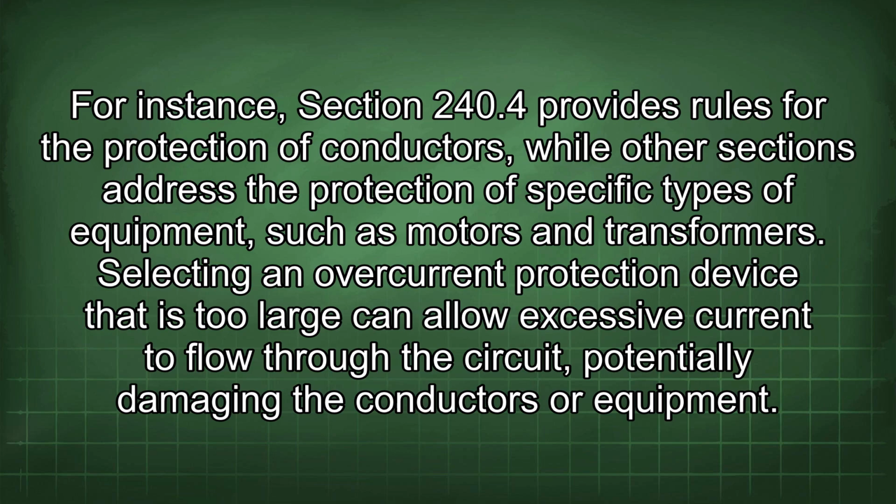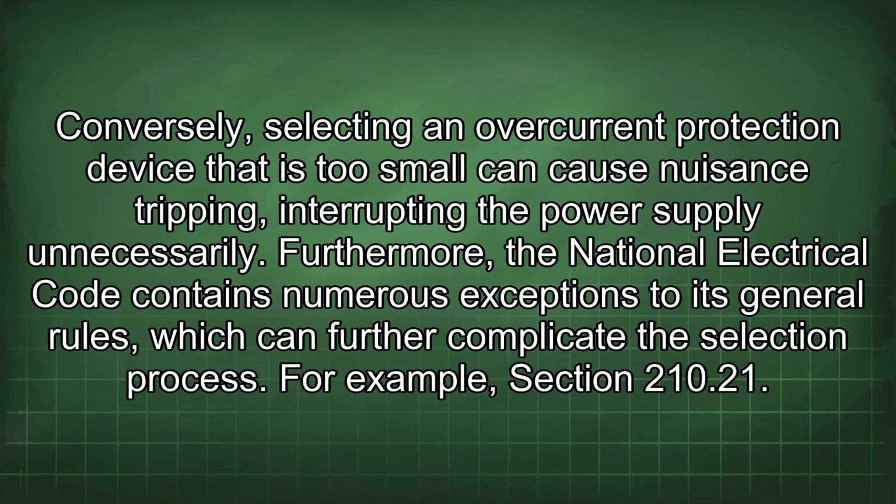Selecting an overcurrent protection device that is too large can allow excessive current to flow through the circuit, potentially damaging the conductors or equipment. Conversely, selecting an overcurrent protection device that is too small can cause nuisance tripping, interrupting the power supply unnecessarily. Furthermore, the National Electrical Code contains numerous exceptions to its general rules, which can further complicate the selection process.